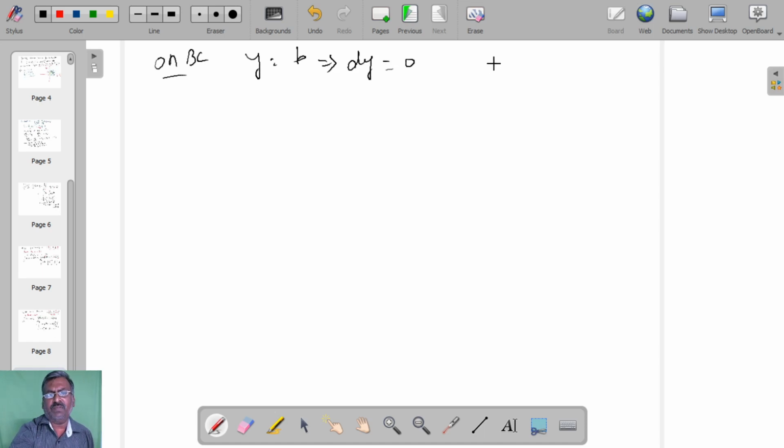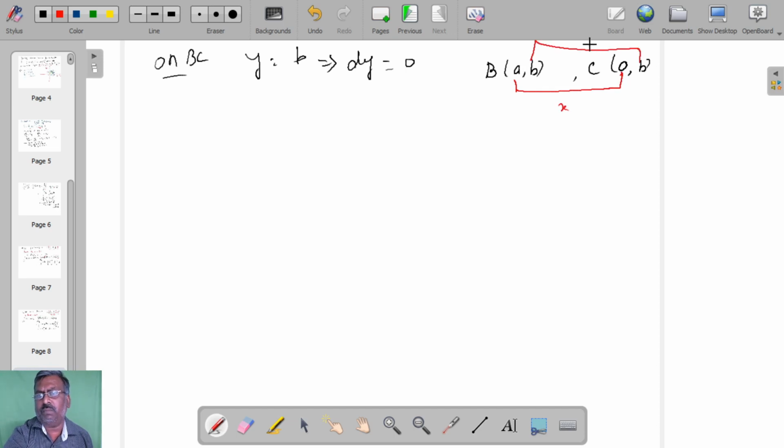Now see the points B and C. B point is (a, b) and C point is (0, b). Now see which is the variable here. The x value is from 0 to a, and y from b to b.